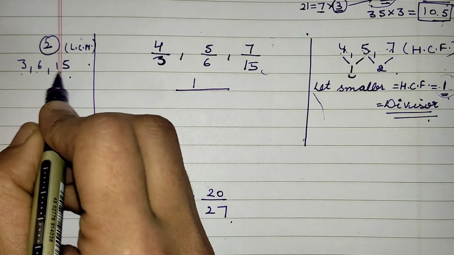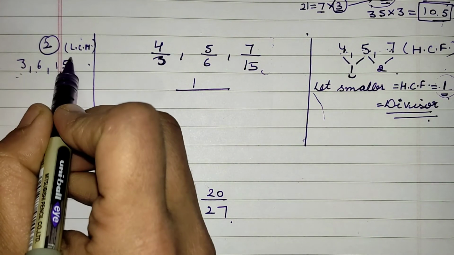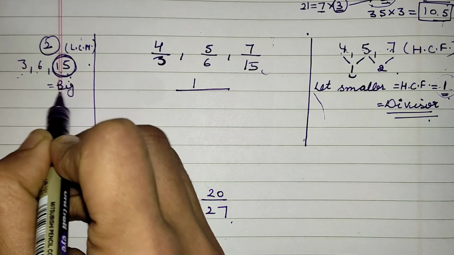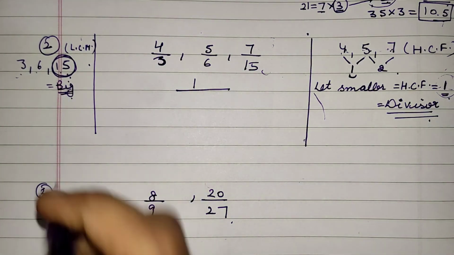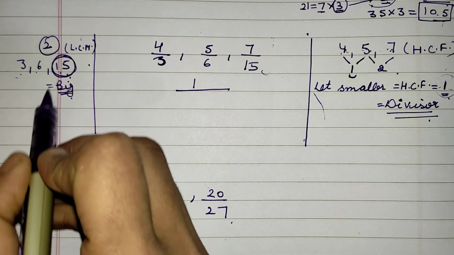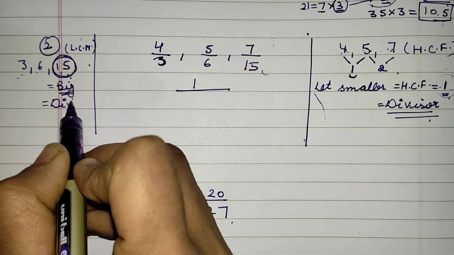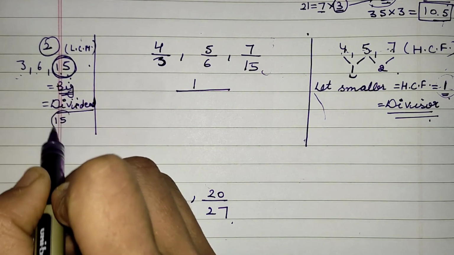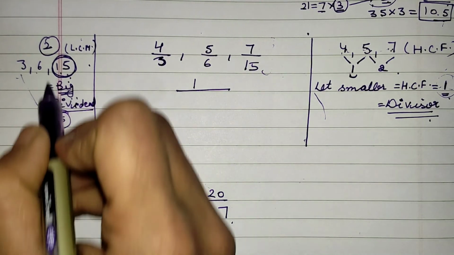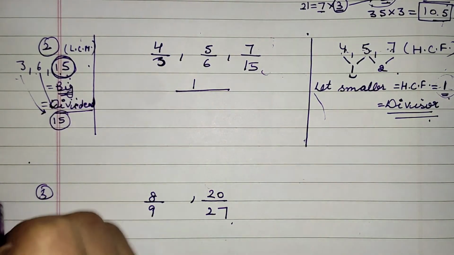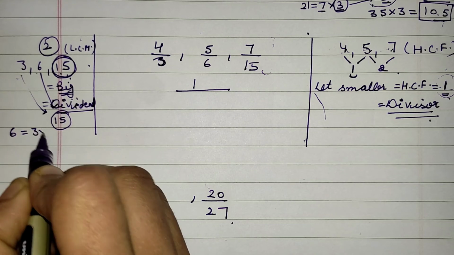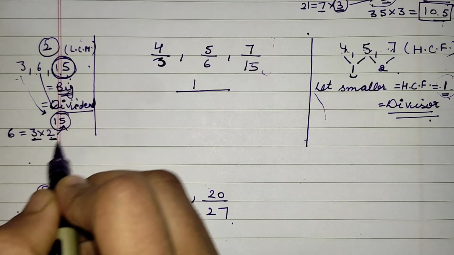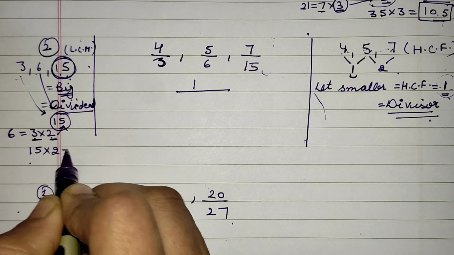And what would be the LCM of this? In case of LCM, we imagine that the bigger number is my LCM. Check whether it is acting as a dividend. 15 is divisible by 3, yes. 15 is divisible by 6, no. Then I will write down the factors of 6 as 3 into 2 and multiply each factor with my imagined LCM.